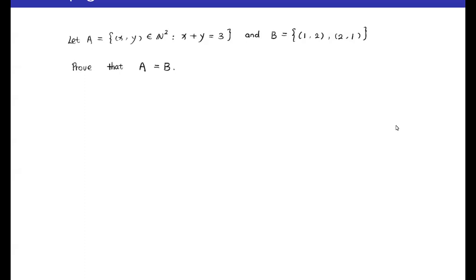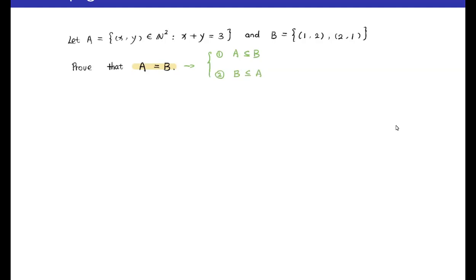Our first step is that since we want to show two sets are equal, you need to prove that A is a subset of B, and then you need to prove B is a subset of A.